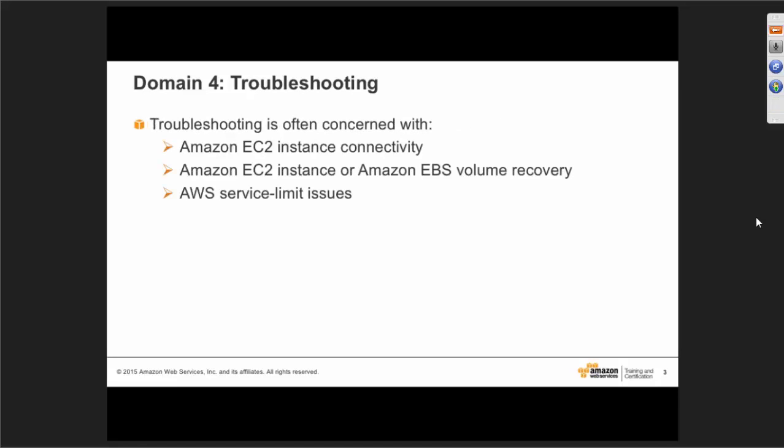Like I said, it's mostly related to connectivity and then making sure things come back or can be recovered and knowing how to do that, as well as understanding the idea of service limits in AWS and that there are a combination of soft limits and hard limits within AWS, which may be affecting your ability to build or implement things in AWS.